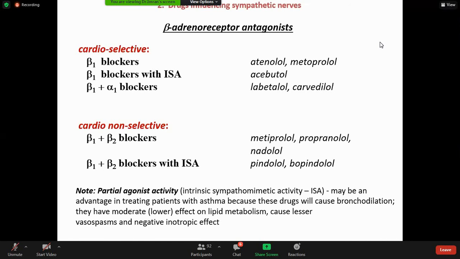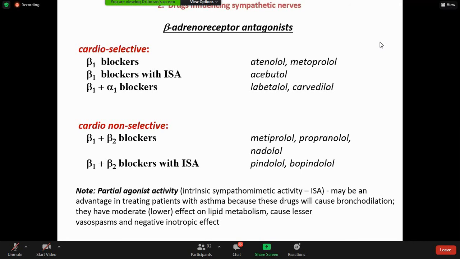So we have drugs available that can block both beta and alpha 1 receptors. A very important example is labetalol, which can be used in emergency situations, in hypertensive emergencies. Another drug is carvedilol, which has both beta 1 receptor and alpha 1 blocking activity, and carvedilol is generally used in heart failure patients.